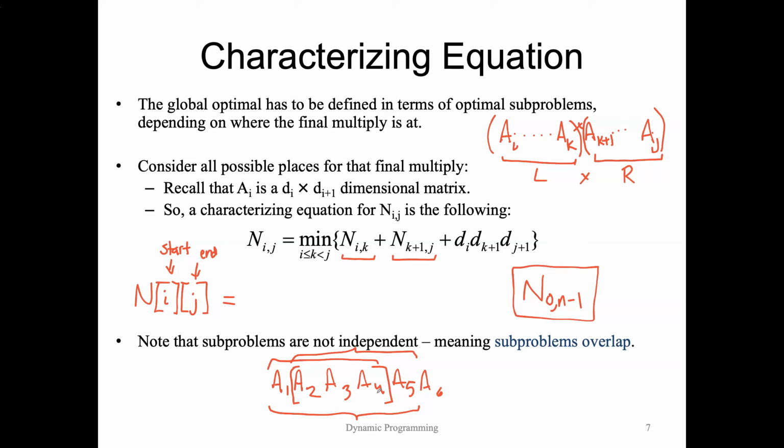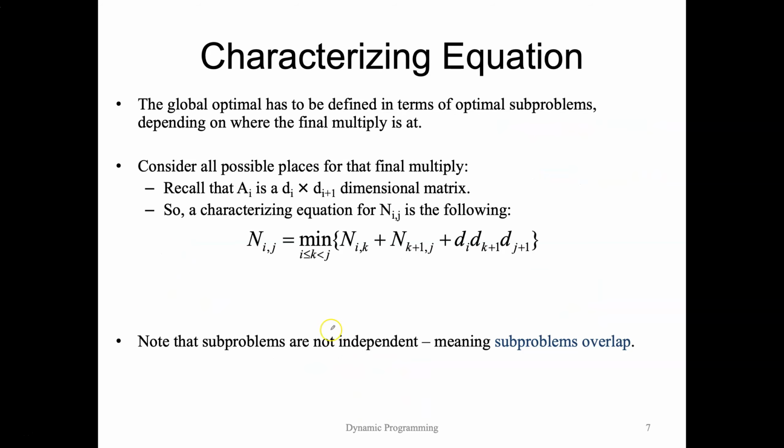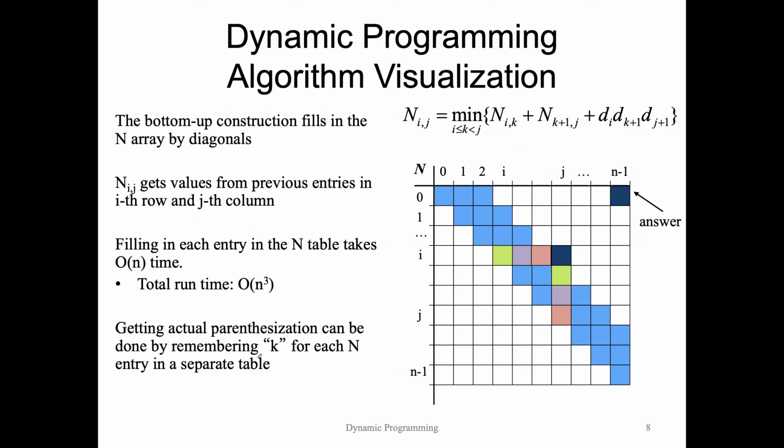So the idea is we're going to figure out the best way in which we can multiply a chain of matrices together of a small length, and then use that to figure out how to multiply a chain of matrices together of a larger length. Okay, so here's our table.